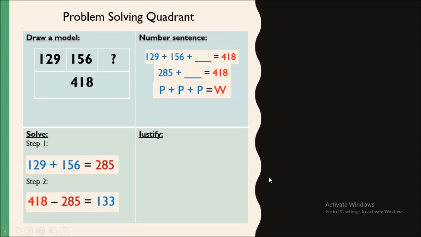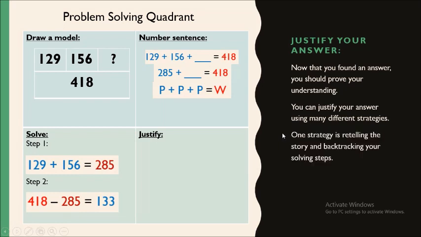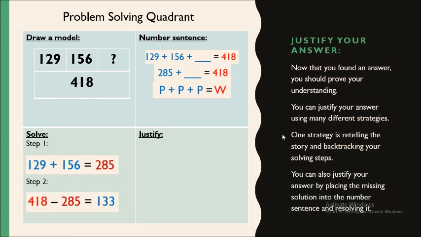Okay, now that we found the solution, we are going to justify our answer. So we're going to prove our understanding. You can justify your answer using many different strategies. One strategy is retelling the story and backtracking your solving steps.